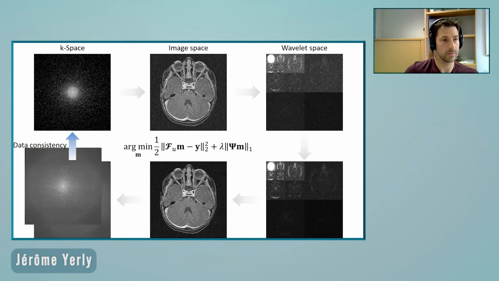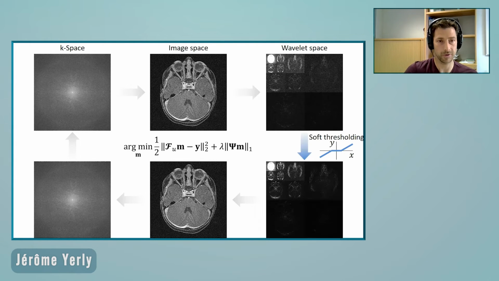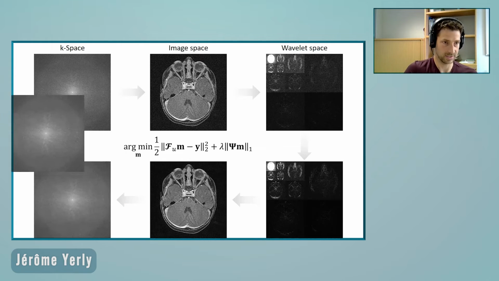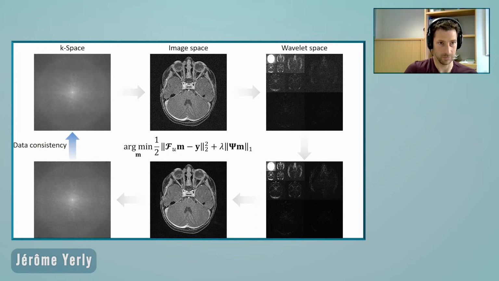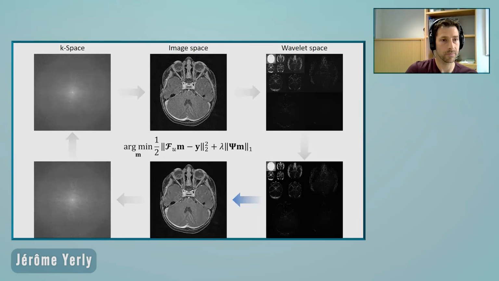Now we do this data consistency step, go back into the image space, and repeat the process. We calculate the wavelet transform, apply soft thresholding to these coefficients, go back into the image, compute the k-space, and apply data consistency again, and we iterate like that until we converge to the final solution.